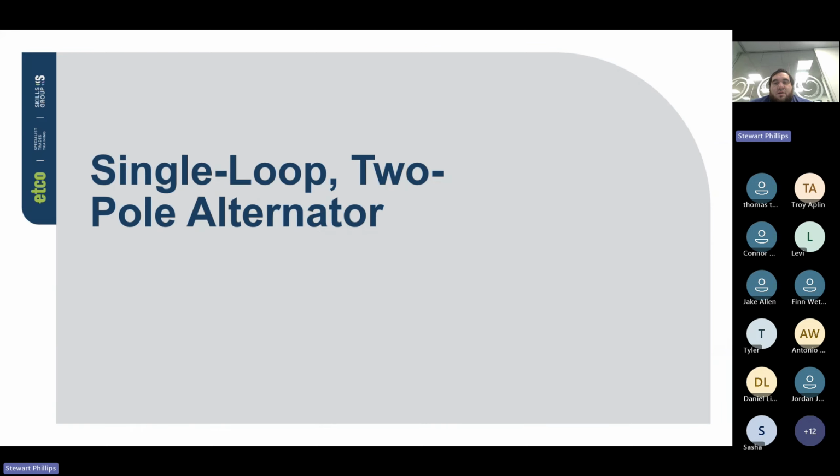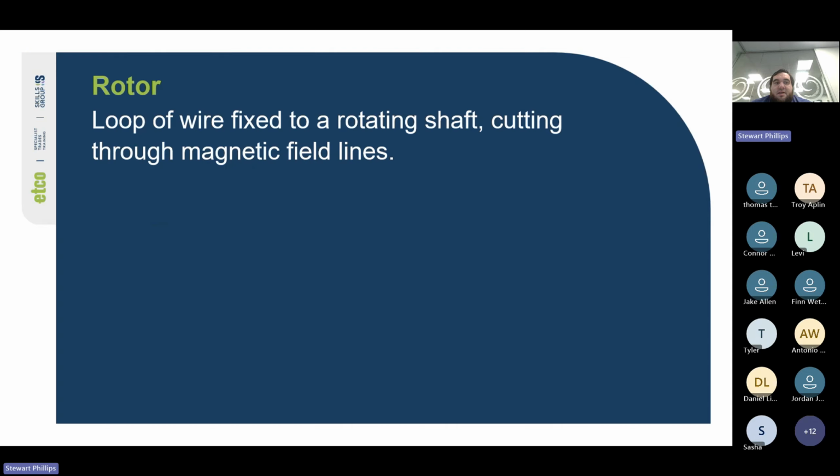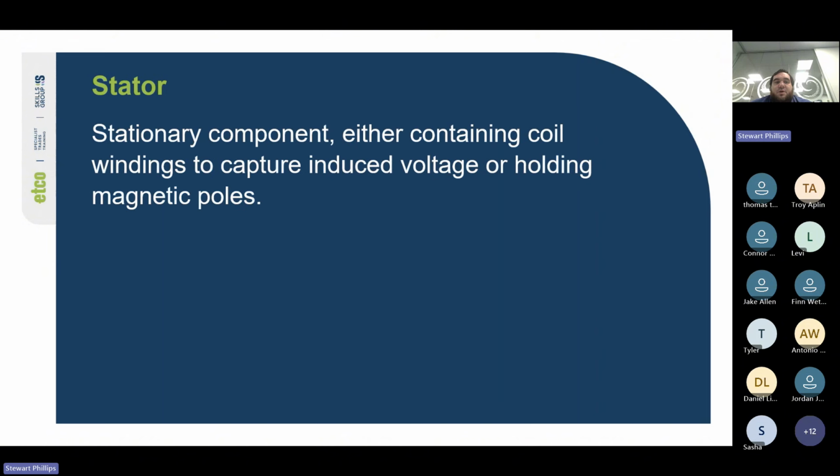Cool. So now we'll have a look at single loop two-pole alternators. Some of the components of these: you've got your rotor, which is a loop of wire fixed to a rotating shaft, cutting through the magnetic field lines. Your stator is a stationary component, either containing a coil winding to capture induced voltage or holding magnetic poles.